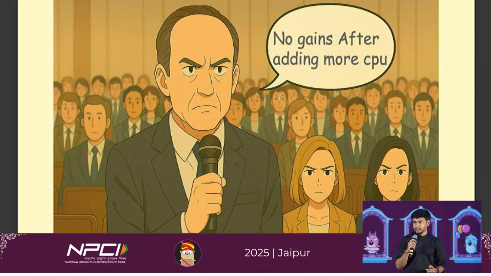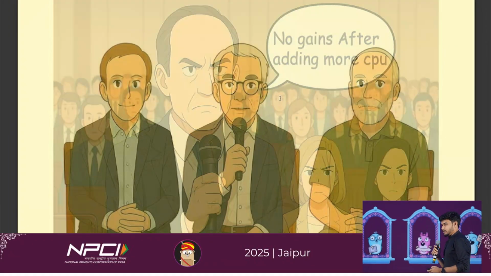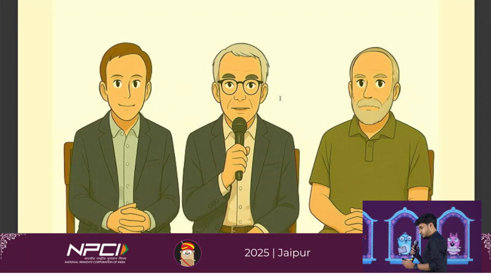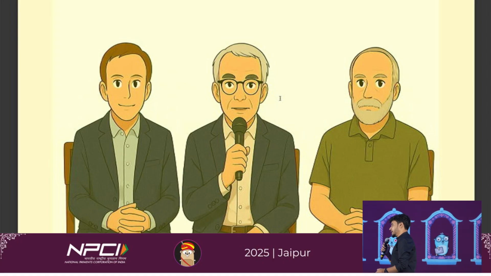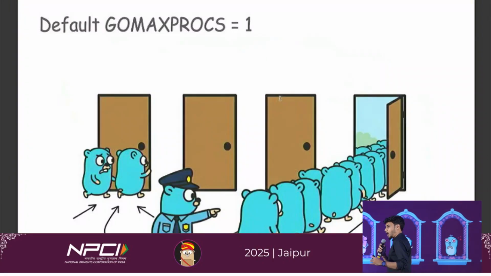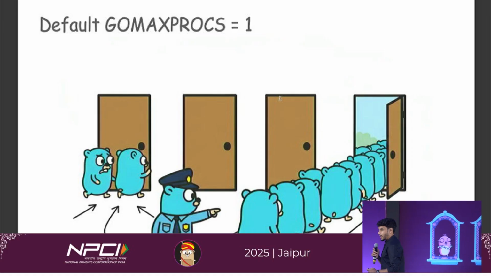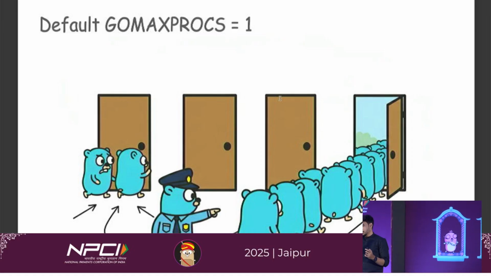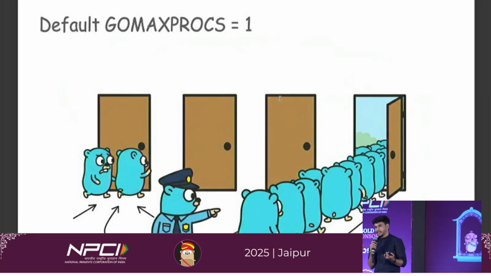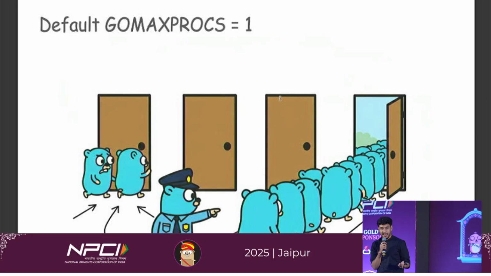So as a result, the initial setting of how many processors your program should use was set to 1. Now, why was it set to 1? As I said, the initial Golang programs were more network bound rather than CPU bound. So how do you fix it?